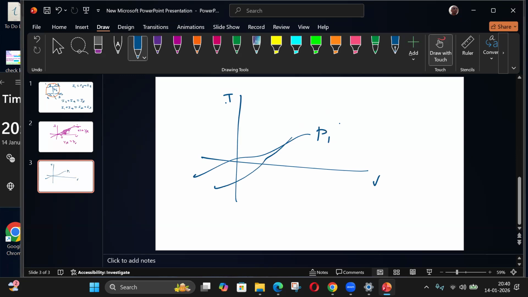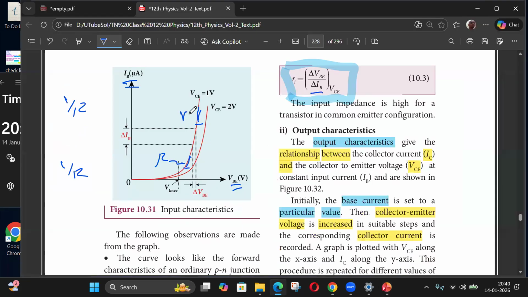For the second parameter, I'll get a different curve P2. Because in 2D I can have only two variables. The third variable will be the parameter of the curve. So here the two variables are base current and VB, which is the input side, and there is one more voltage VCE, which is on the output side. So depending on that value, the curve will be different. So that is put as a parameter.